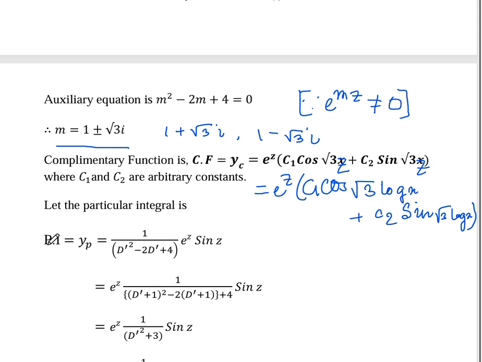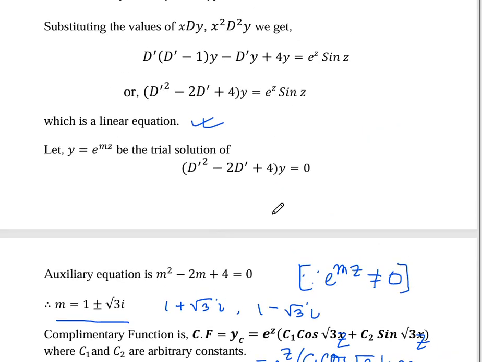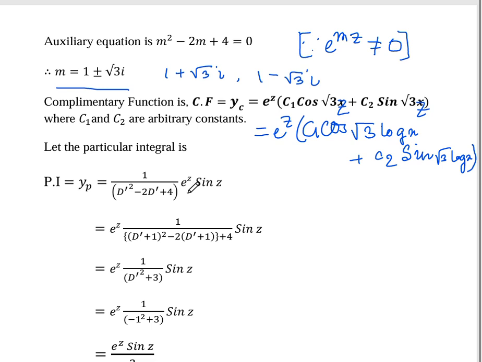Next your yp. yp means 1 by (D dash squared minus 2D dash plus 4) e to the power z sin z. We know the formula: if we have e to the power x into a function V, then e to the power x comes in front and D is replaced by D plus a.